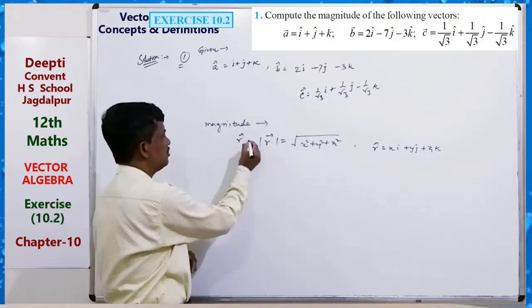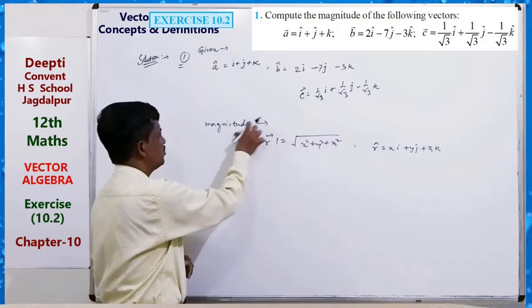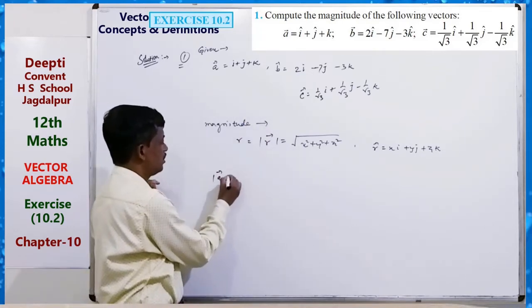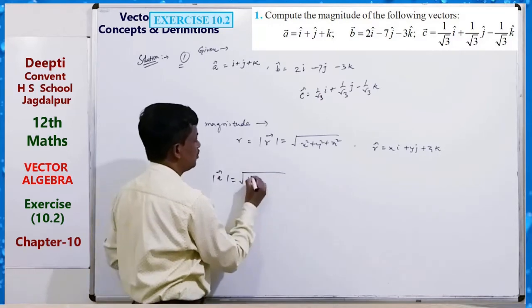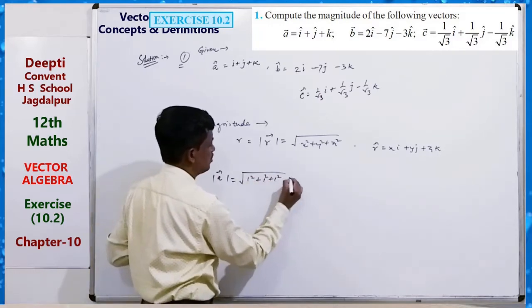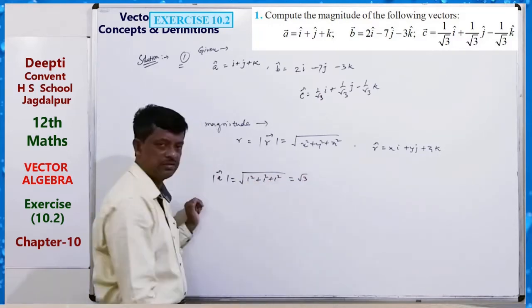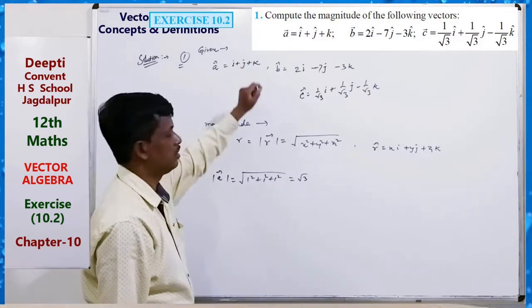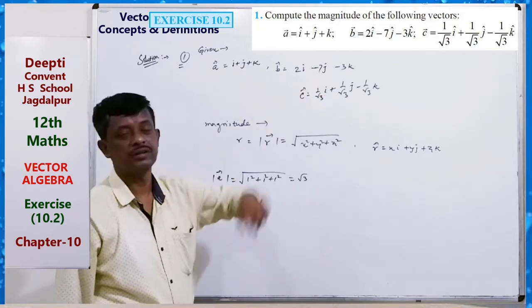Magnitude of a is equals to root of 1 square plus 1 square plus 1 square, which is root of 3. Magnitude is the positive square root. Here b is 2, minus 7, minus 3.